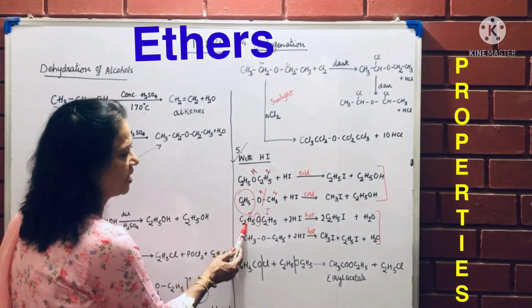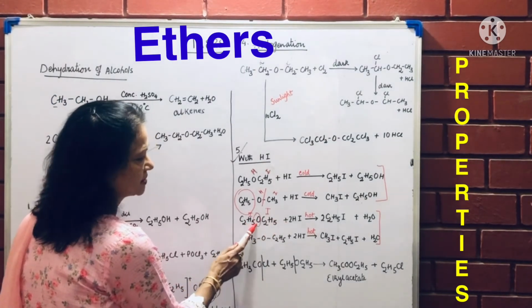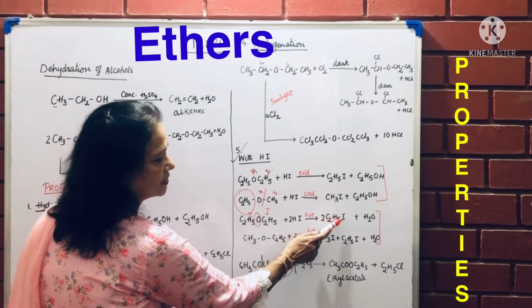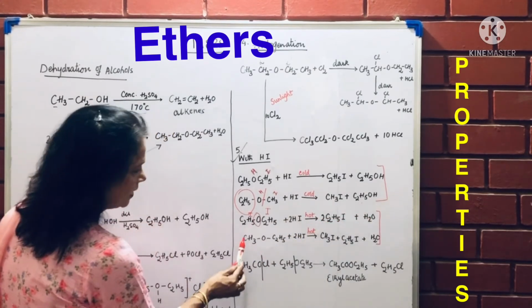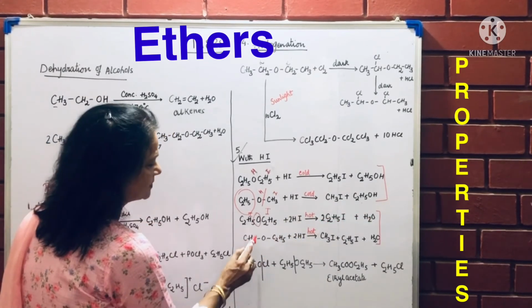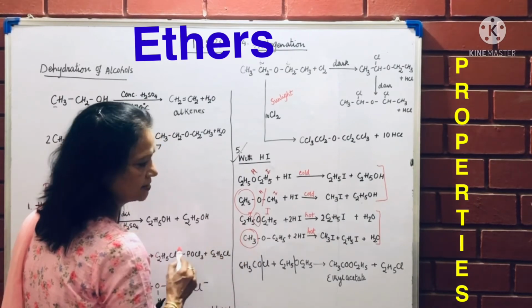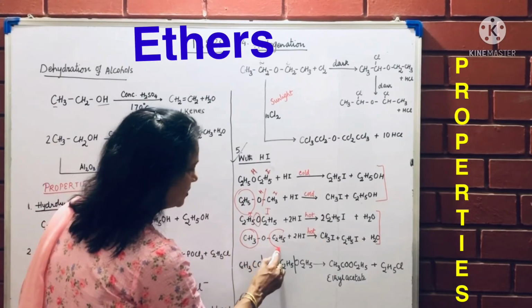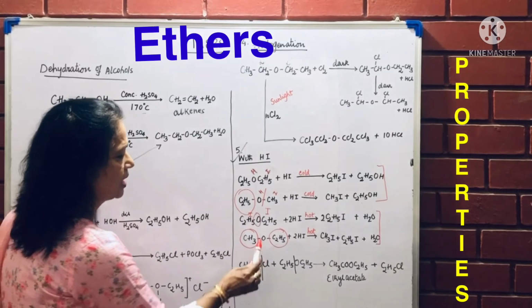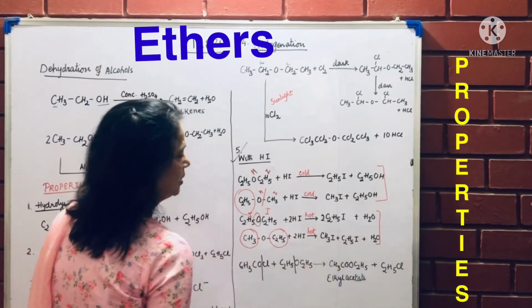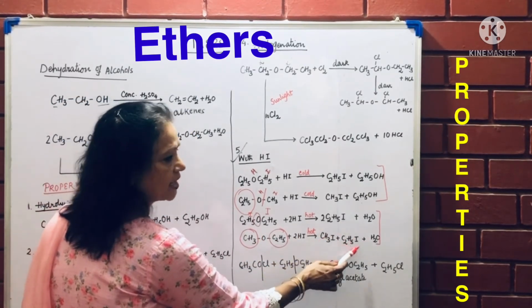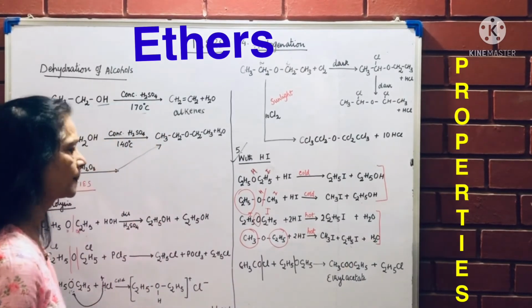So C2H5I, C2H5I plus water. So two molecules of C2H5I plus water. If there are two different alkyl groups, then make one halide from here, CH3I, one from here, C2H5I, and from the center, water. So CH3I, C2H5I, and water.